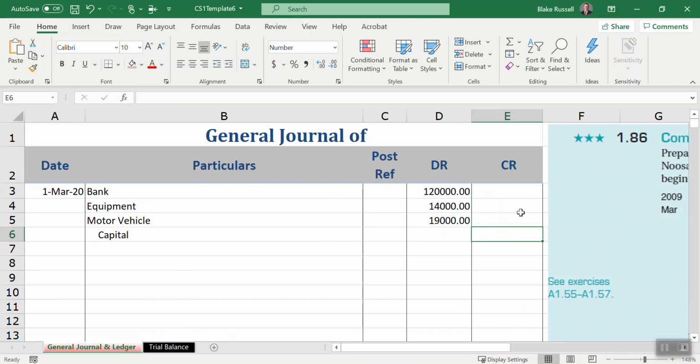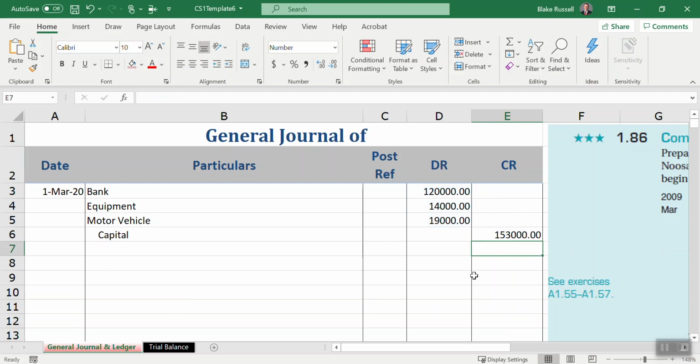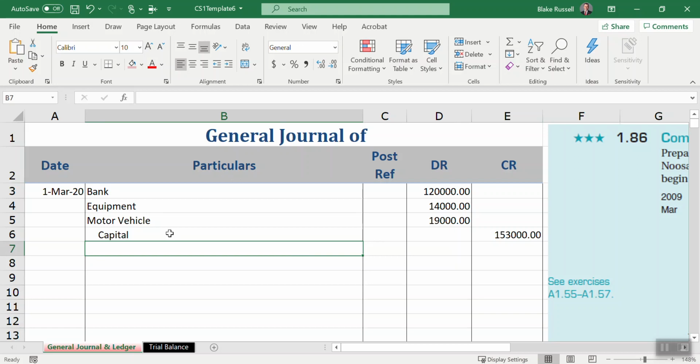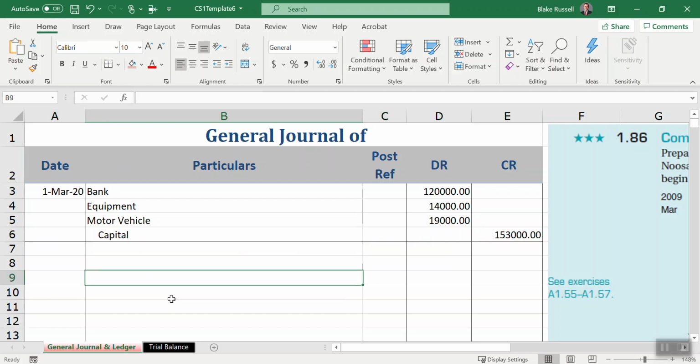I haven't put them up there yet, but the assets are increasing, so they're debit, and your capital's naturally a credit. I'm just going to add them all together. 153,000. I'm going to leave the narration off. Okay, just make one line there.